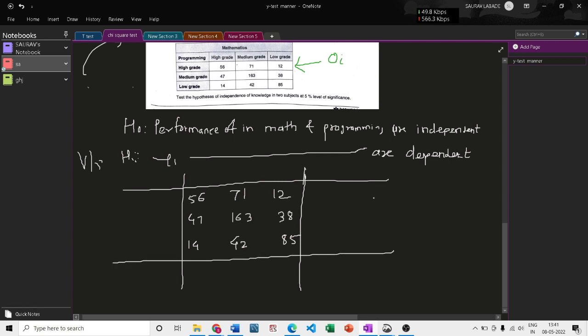Now for finding the expected frequencies, I have to total all these rows and columns.